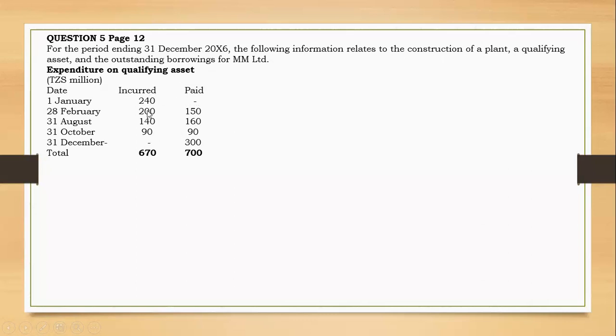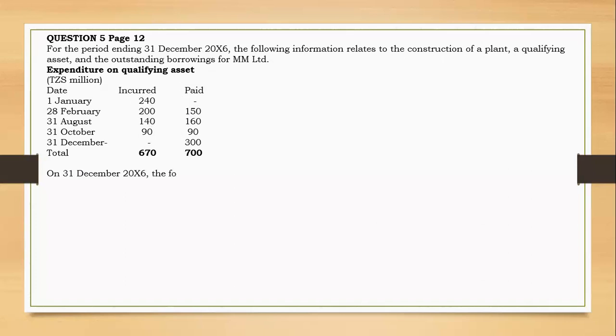Here you incurred 200, so in total you had incurred 440, but you had paid only 150, so you use 150. On the 1st August, you had incurred 240 plus 200 plus 140, but you had paid only this one, so you have to use the amounts paid and not the amounts incurred.